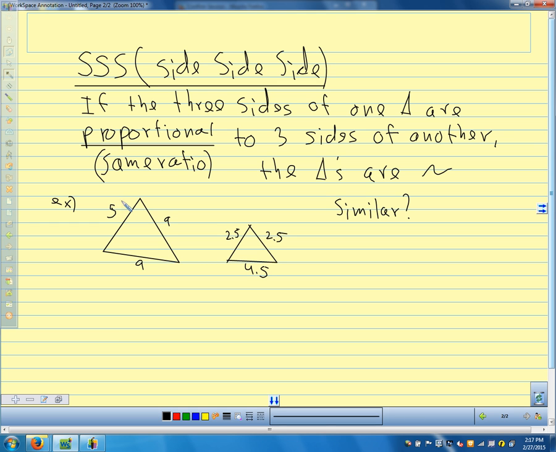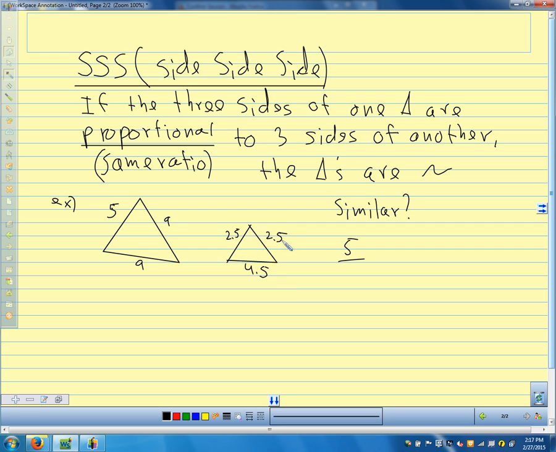What do we think? So if we're going to use side, side, side, we need to check that all the sides are proportional. So let's write, proportional means same ratio. So let's find the ratios. What side am I going to match up with the 5 side? 4.5 or 2.5?